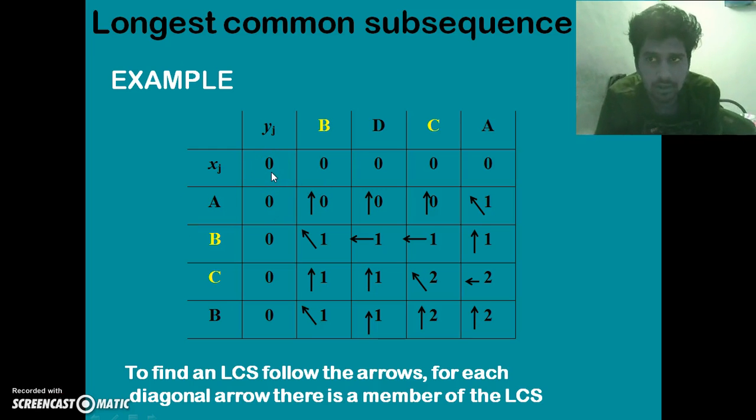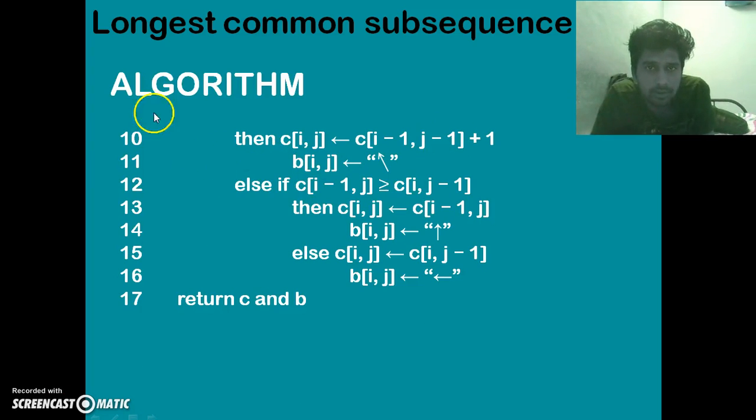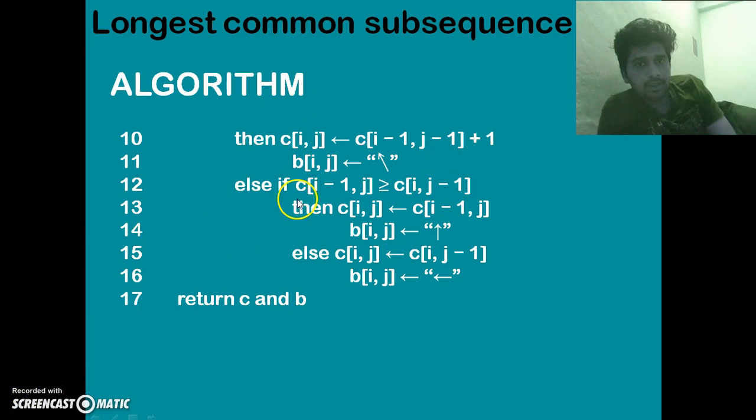Now we are checking whether xi equals yj or not. Let's start with A equals B in this condition. No, A is not equal to B. Then we check if c of i minus 1, j is greater than or equal to c of i, j minus 1.